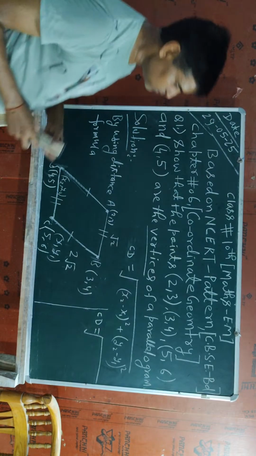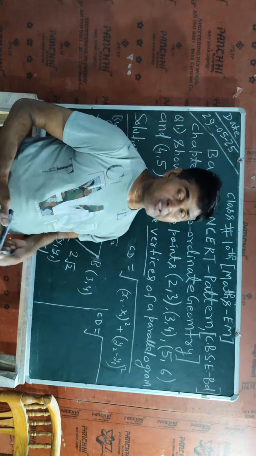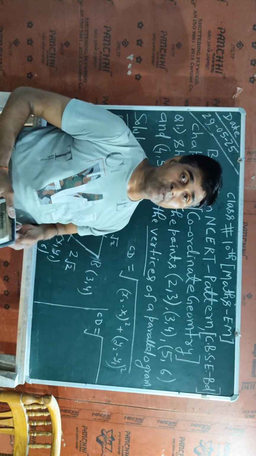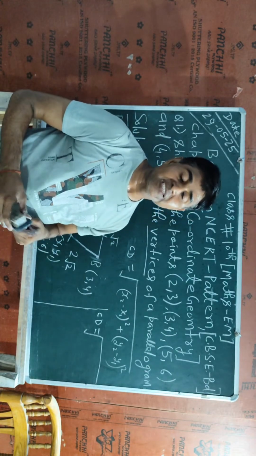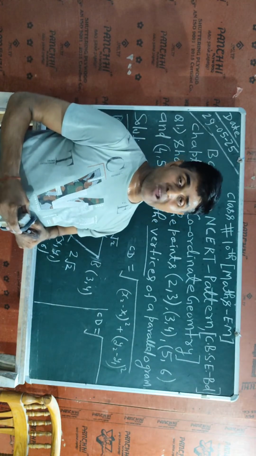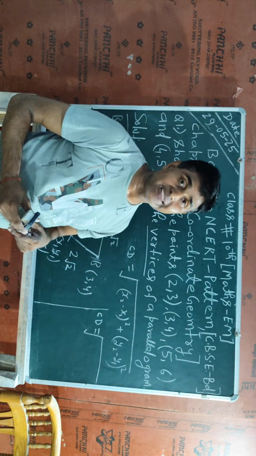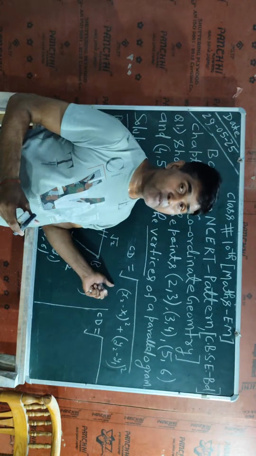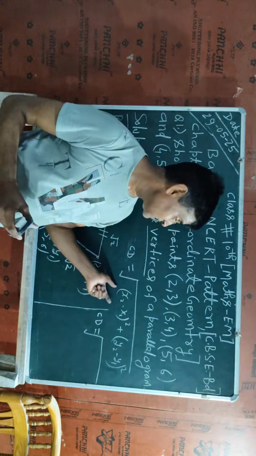Now I will use the same formula, x2 minus x1 whole square plus y2 minus y1 whole square. This formula is very important, because in a big question if we have to calculate the distance and the vertices of the points are given, we have to use this formula for calculating the length. Therefore we have to remember it, because this formula is applicable anywhere where vertices are given.